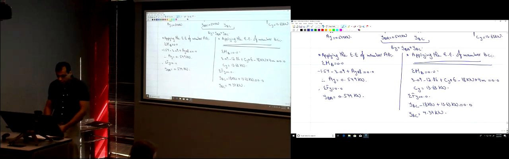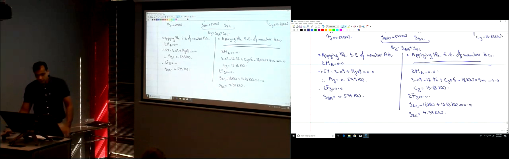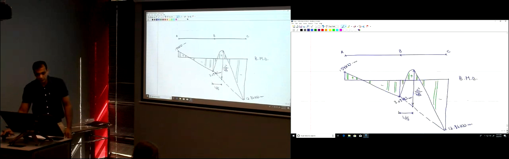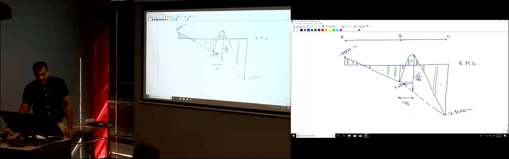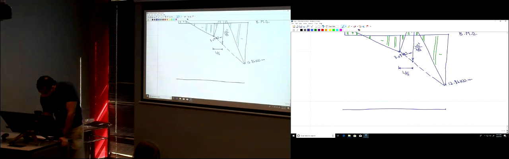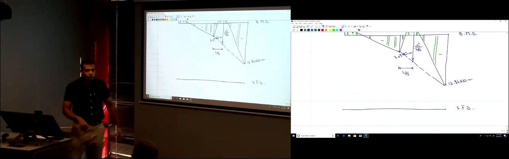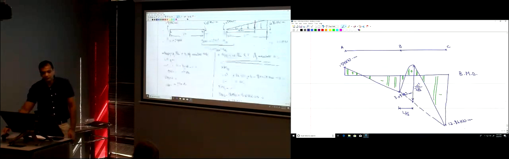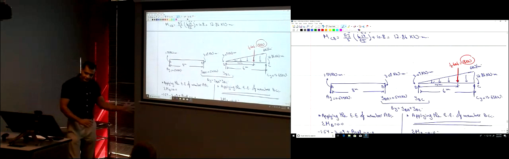So now I found all those vertical forces. What should I do with those vertical forces? Use them to draw the shear force diagram. How would you draw the shear force diagram? Do you remember? You have to start from the left.